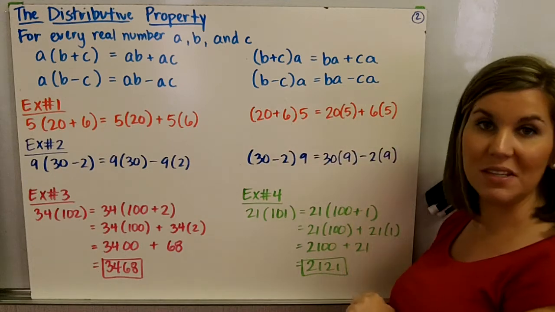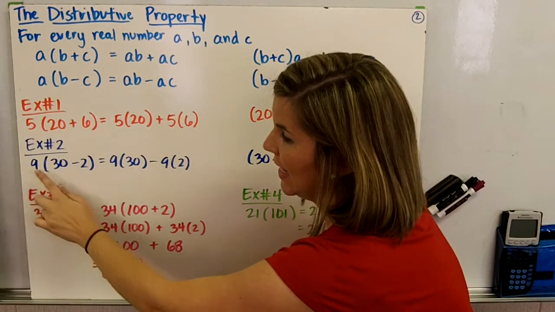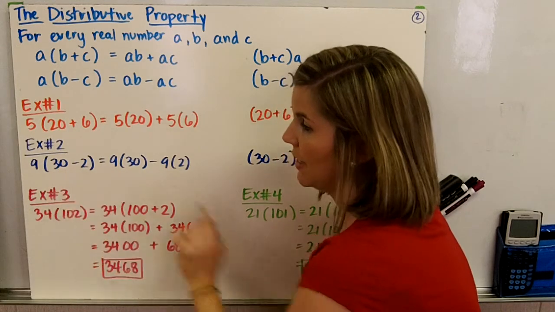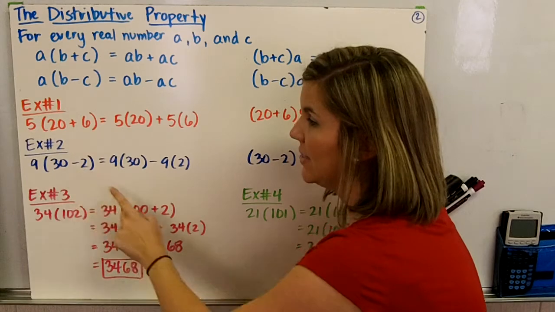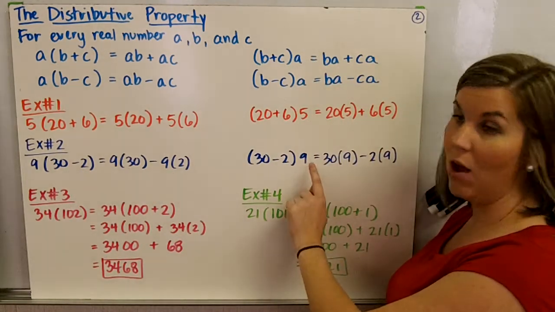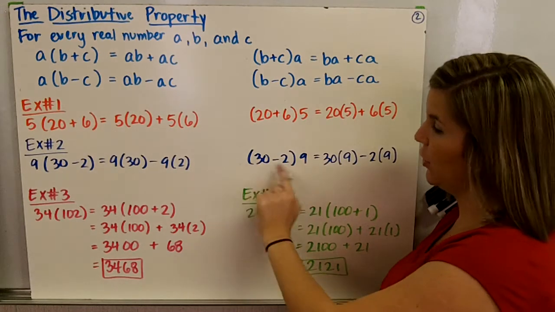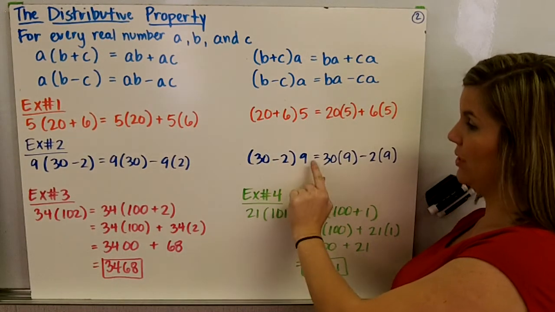Both of these are going to give you exactly the same answer. Example 2, 9 times the quantity 30 minus 2 will be 9 times 30 minus 9 times 2. Or if 9 is written on the right side of the parentheses, 30 times 9 minus 2 times 9.